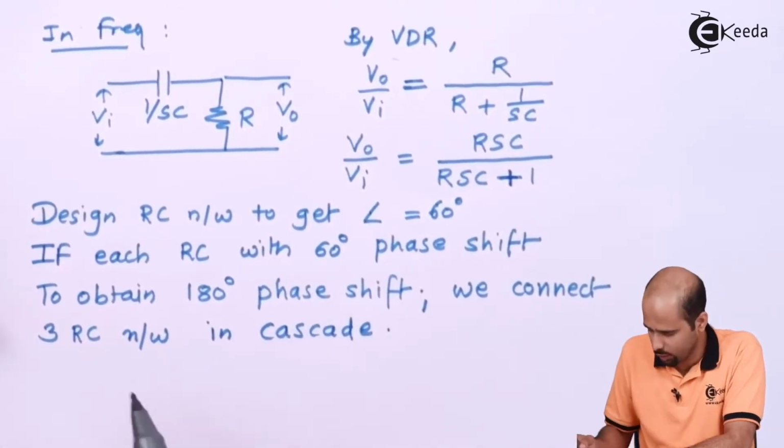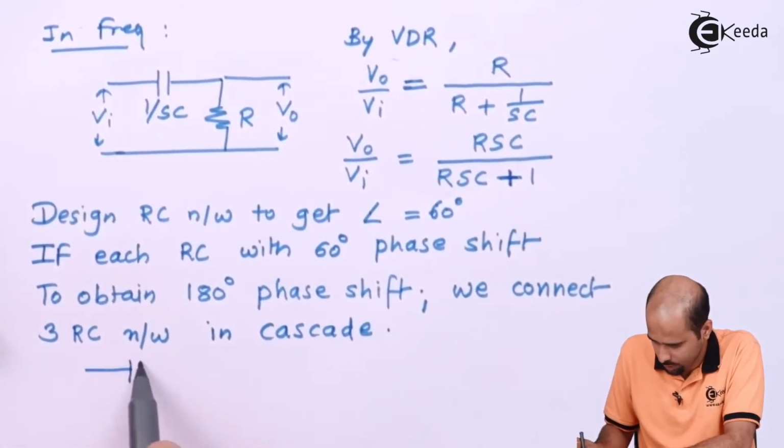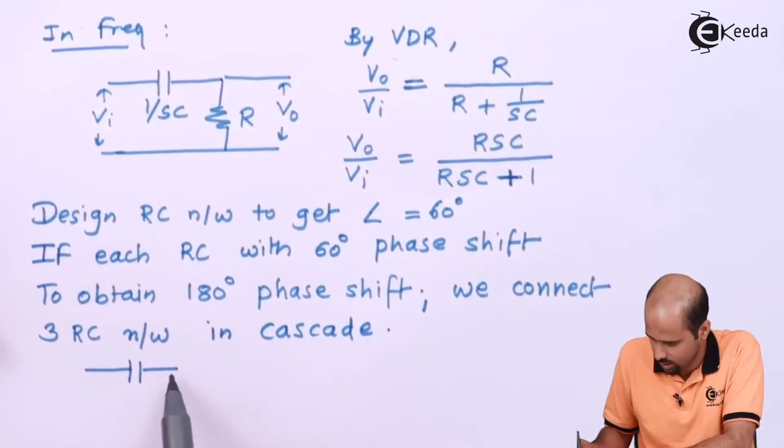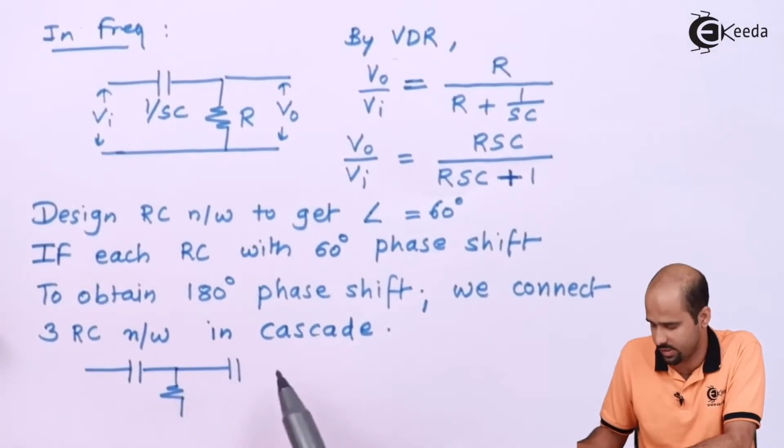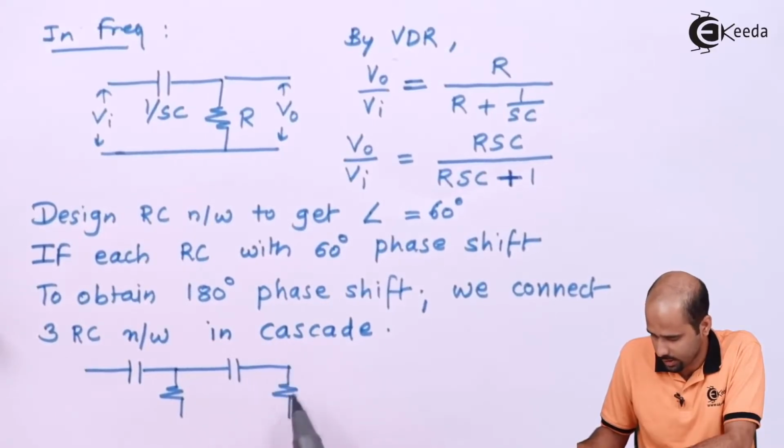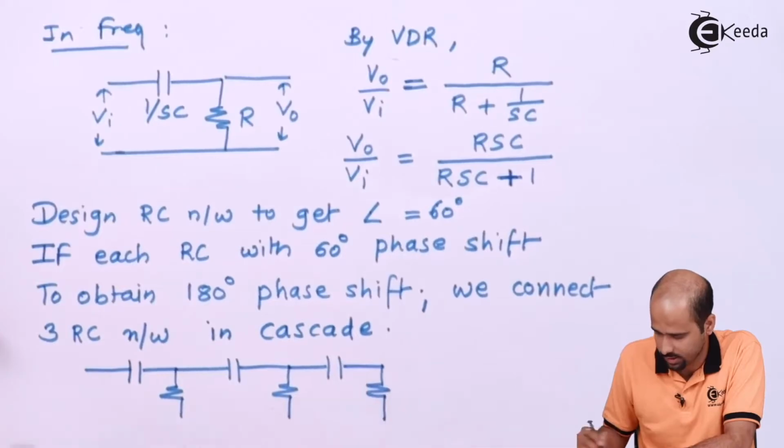So that circuit will look like this. This will be your first capacitor, this will be your resistance, this is again the second capacitor, this is again a resistor, this is again the third capacitor, and this is again a resistor.